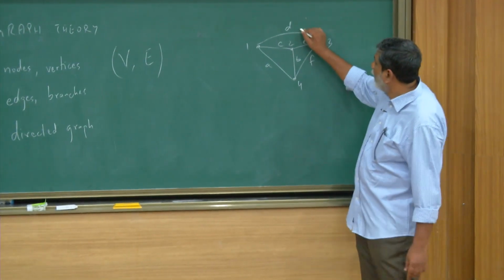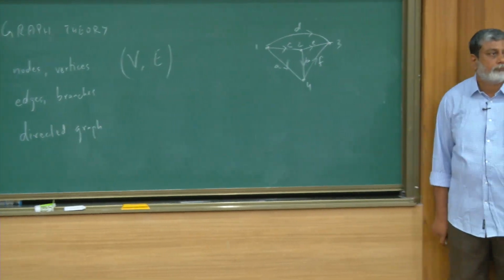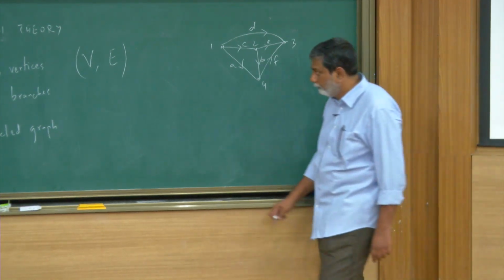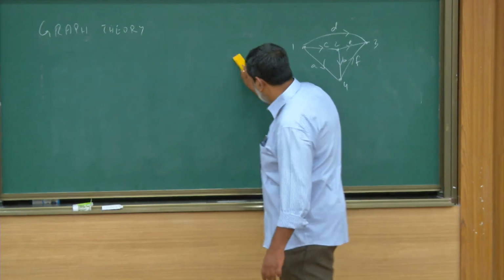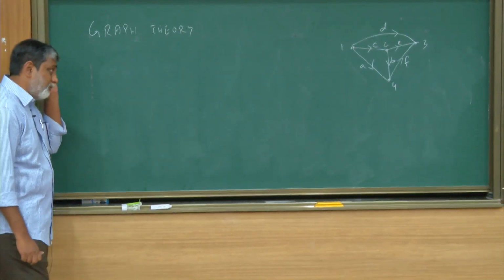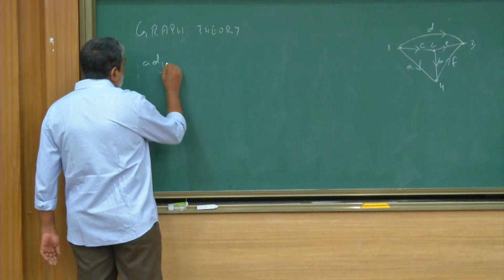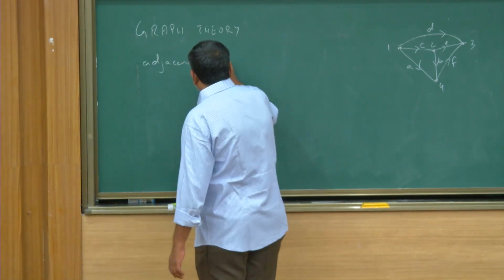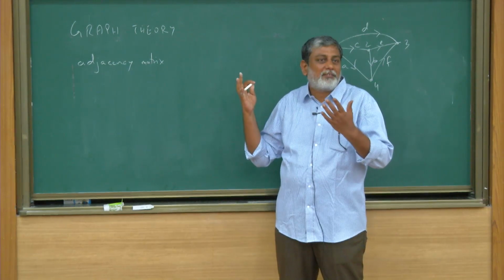Okay, so let's say some arrows. Now, given a graph, one could write out what's known by various names: adjacency matrix, connectivity matrix, incidence matrix.